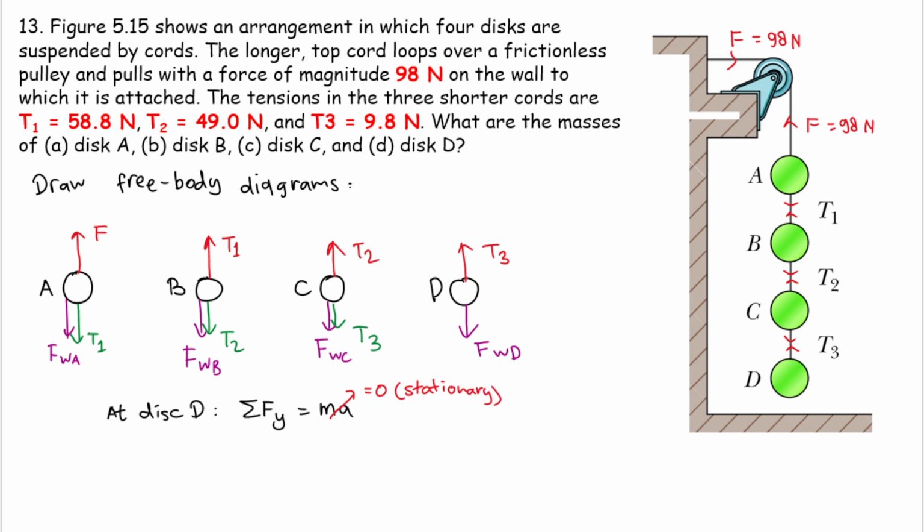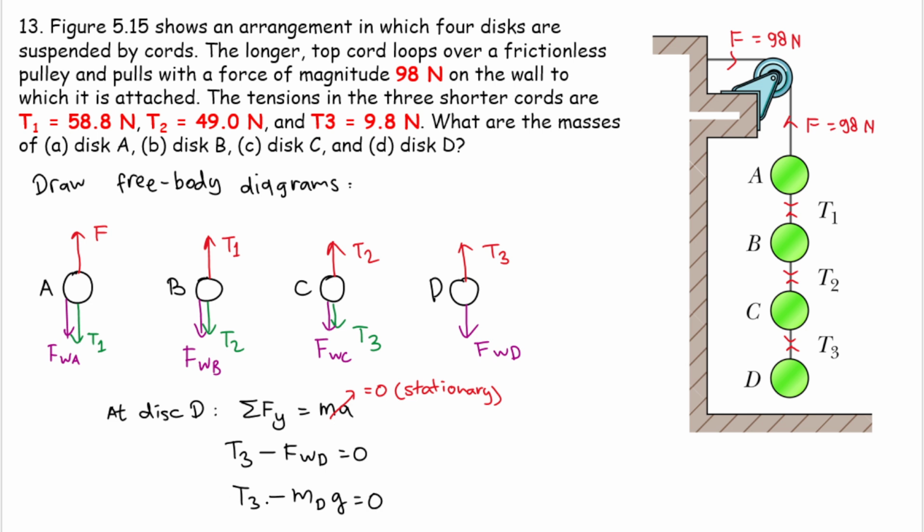And then we will have T3 pulling up, minus the force pulling it down, the weight of D, and that will equal 0. Or we can rewrite the weight of D as the mass of D multiplied by the gravity, so that will equal 0.